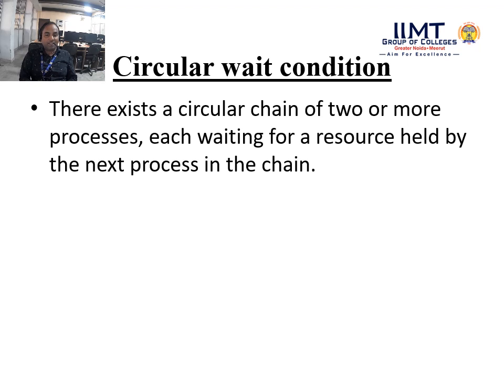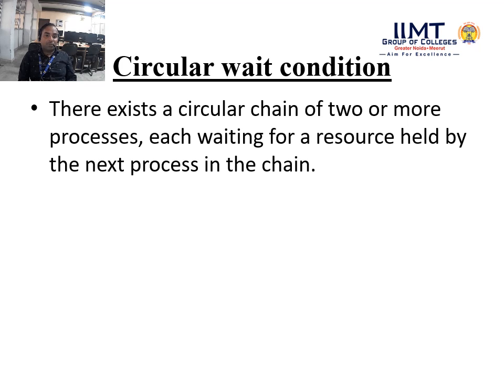But in the circular condition, one process which is holding some resource waits for another process having some resource, and waits for the next resource for its execution. So it will be a chain. In the chain, the process which is having some resources and also waiting for other resources is called the circular wait condition.